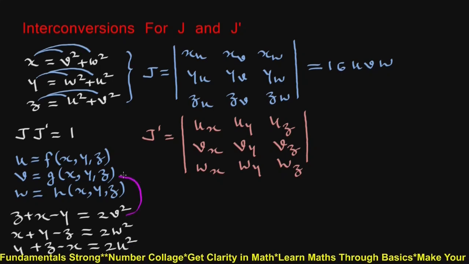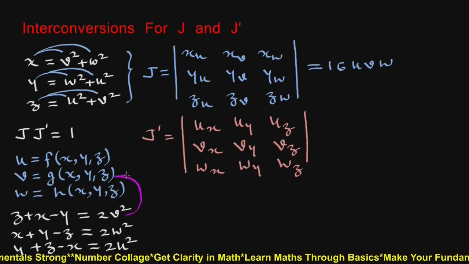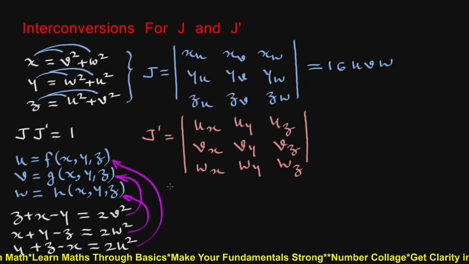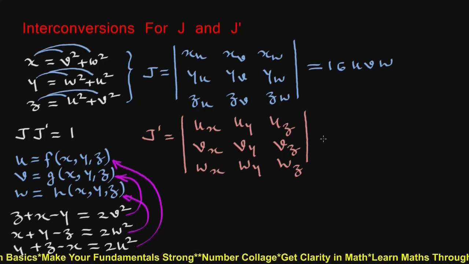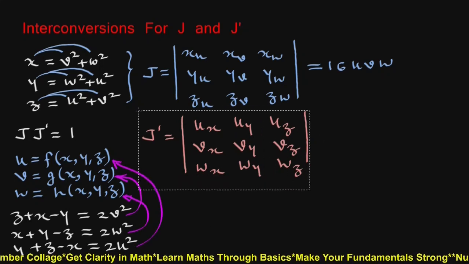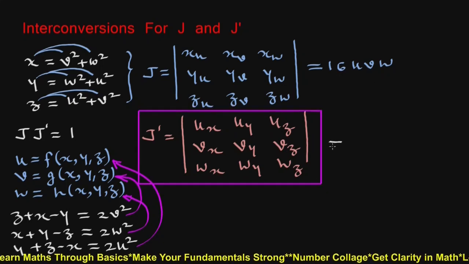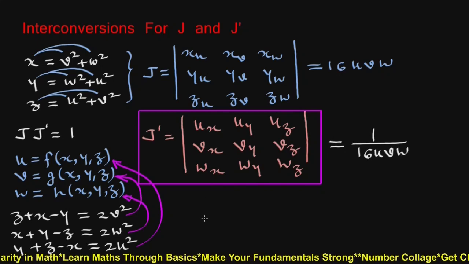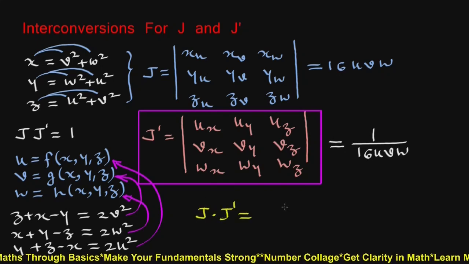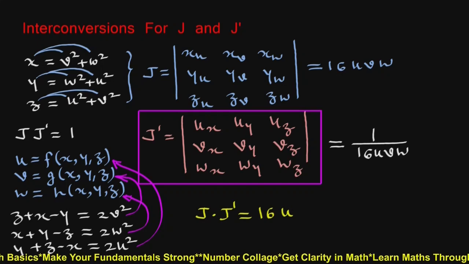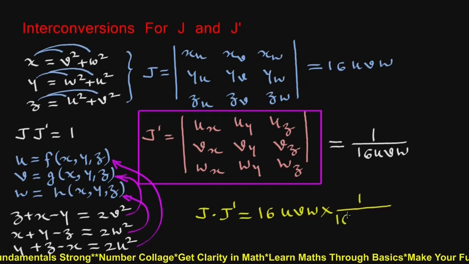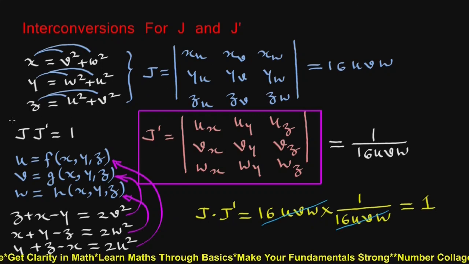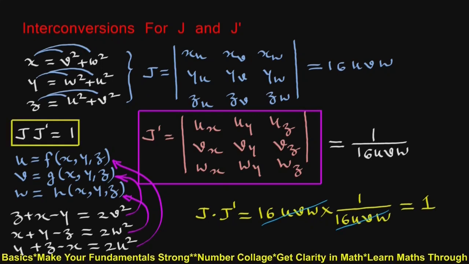So we have v as a function of xyz, w as a function of xyz, and u as a function of xyz, from which we can find this j dash, which after simplification will give us 1 upon 16 uvw. Therefore, j into j dash will be 16 uvw into 1 upon 16 uvw, which is 1. Hence we can prove j j dash equals 1.